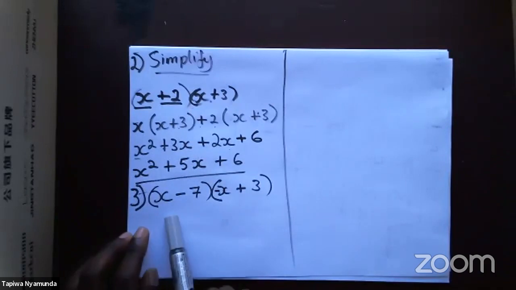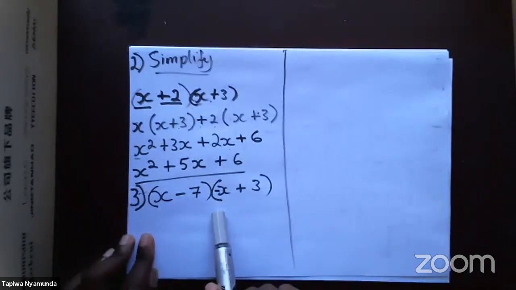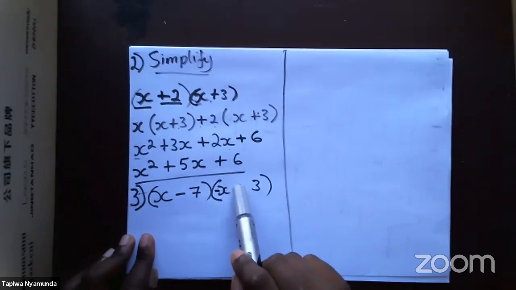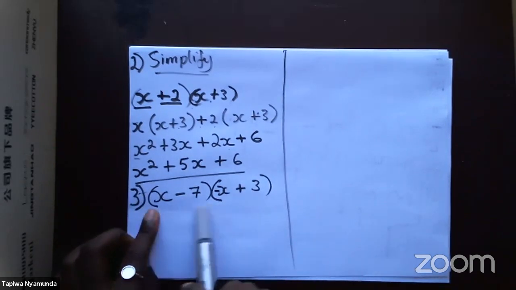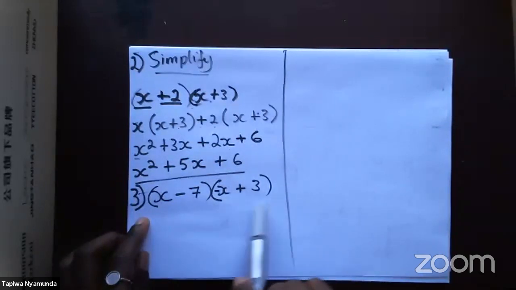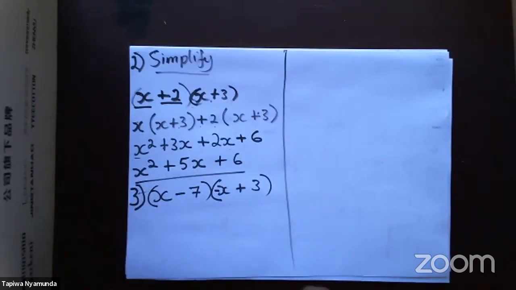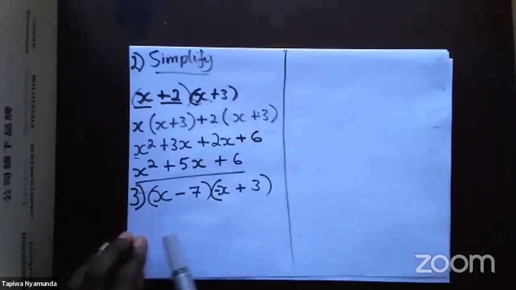Okay, we are saying x minus 7 is multiplying negative x plus 3. So what is happening? We are saying everything in this bracket is multiplying everything in this bracket. So we can decide to multiply these guys independently.